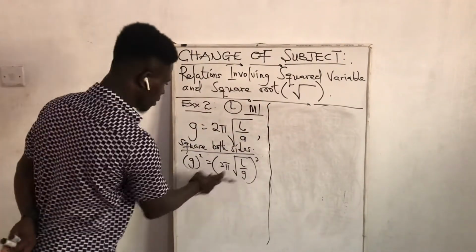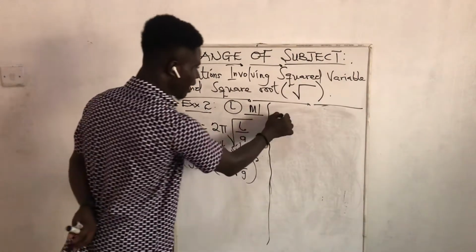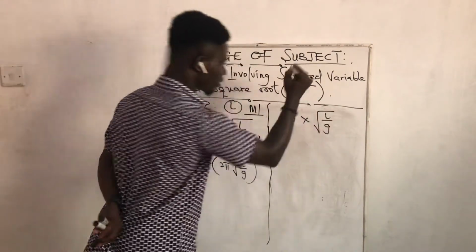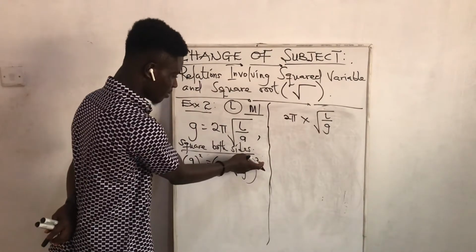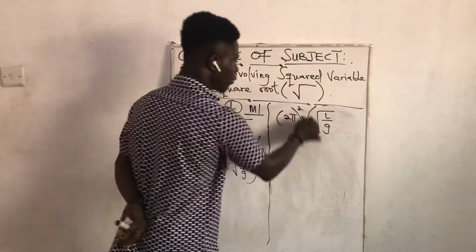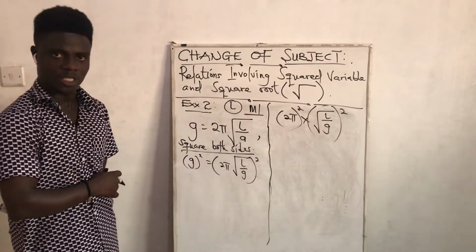Right. So now I have this. I told you that they are multiplying: 2 pi times square root of L on g. So this square is affecting 2 pi, and also affecting this square root of L on g.